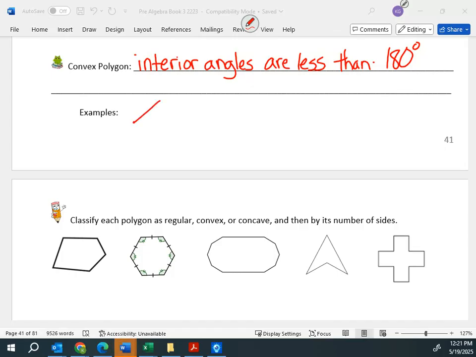So that would be a pentagon that looks like that. All of the inside angles are smaller than that 180 degrees. No cave-ins. So for this, we have no cave-ins. And for the concave, we do have at least one cave-in.